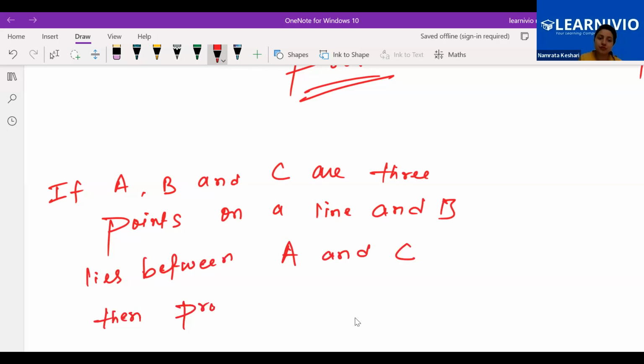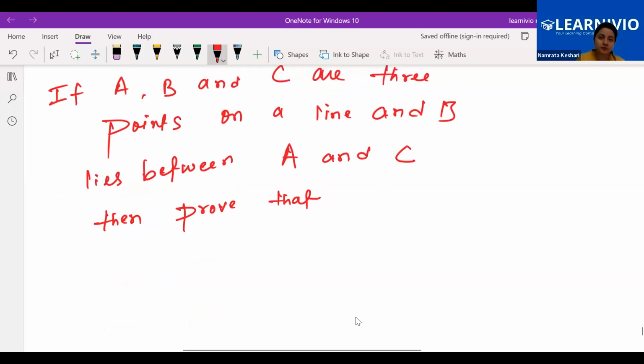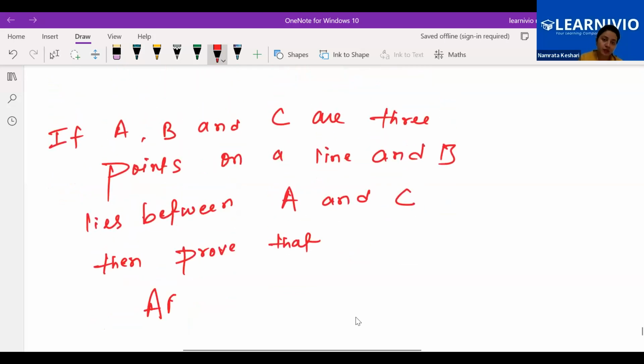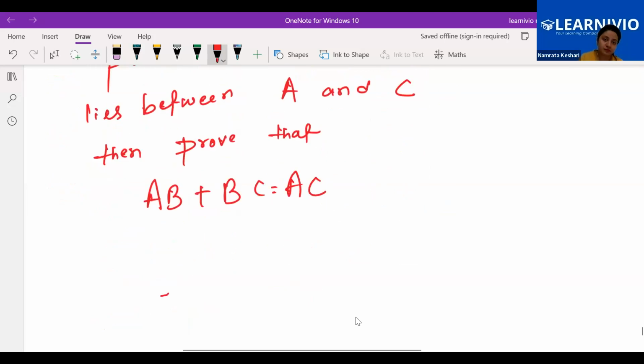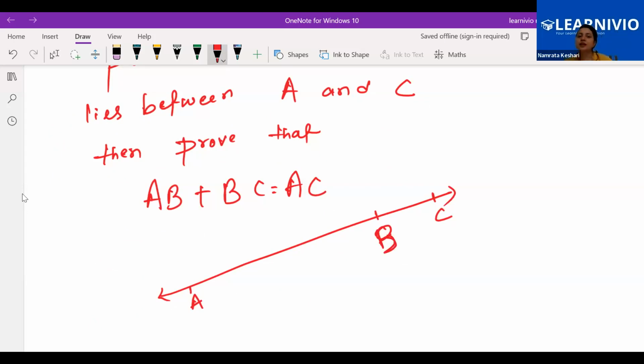Don't worry, I'm drawing the figure. This is how we have the figure and this is the question.